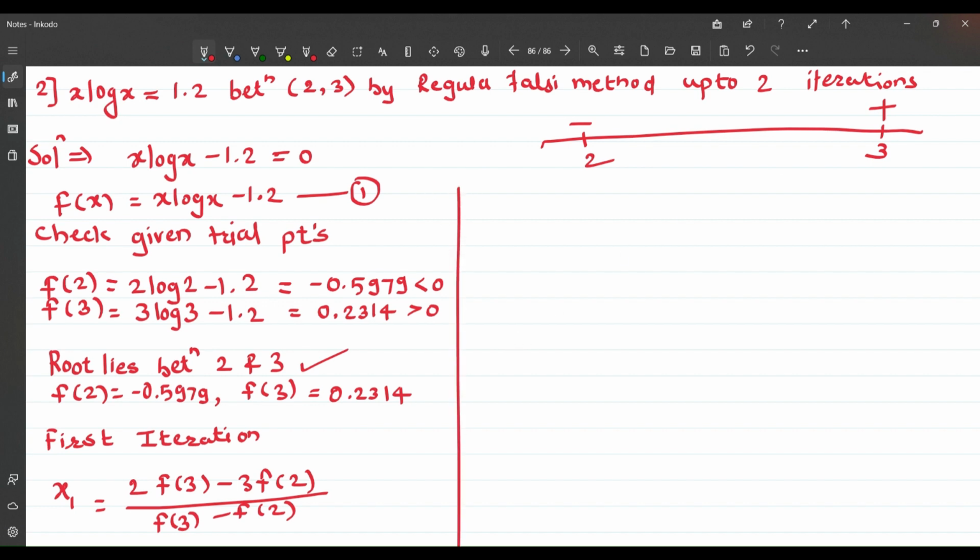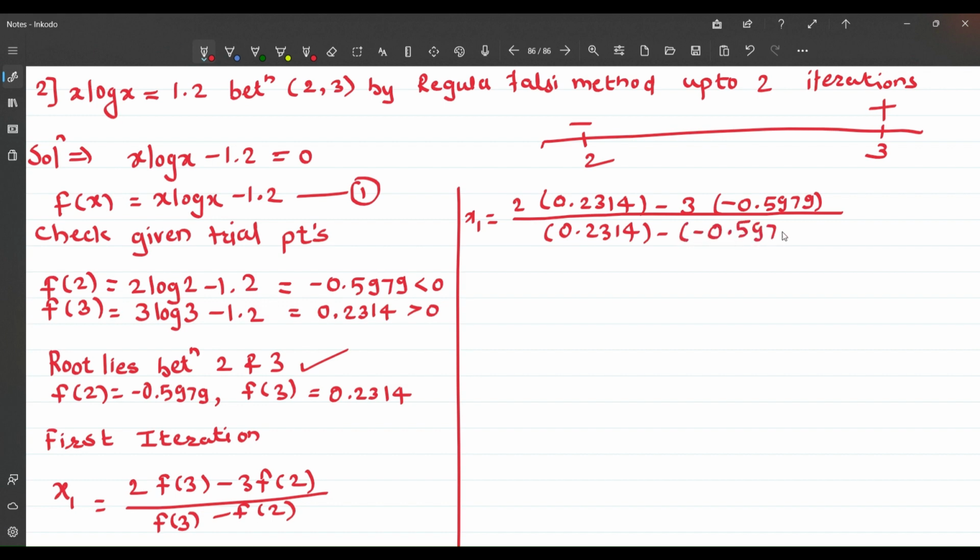So now solve x1 is equal to 2 f of 3. f of 3 is 0.2314, minus 3 into f of 2, which is minus 0.5979, divided by, these brackets are the same as over here, 0.2314, the middle sign is minus, minus 0.5979. Solve numerator and denominator separately, or we can find the answer directly.